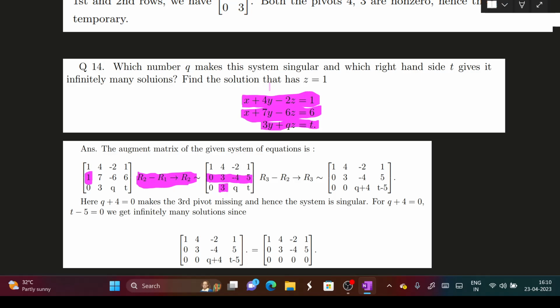So what should I do? R3 minus R2 stored in R3. So that will give me this equation. Now observe here, the third row, this variable became 0. And here q minus of minus 8, that is q plus 8.